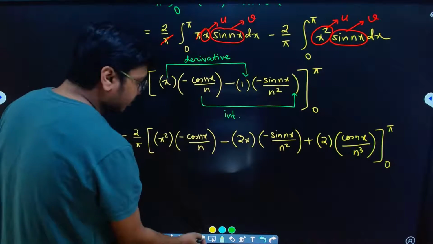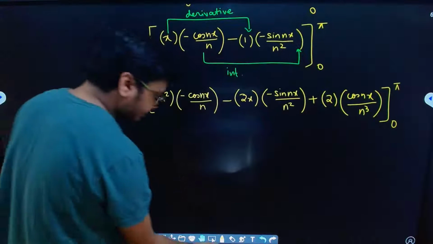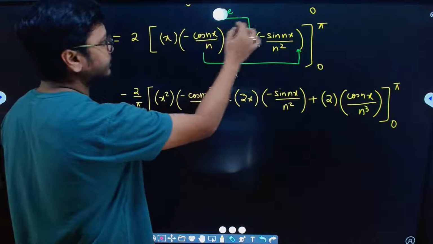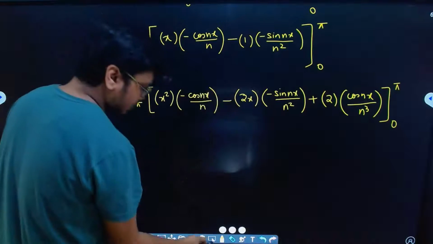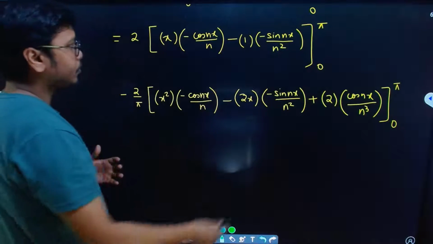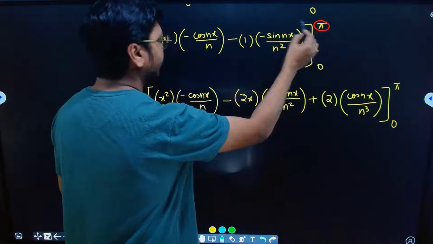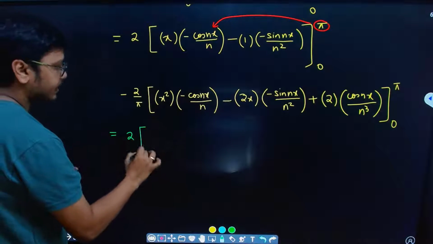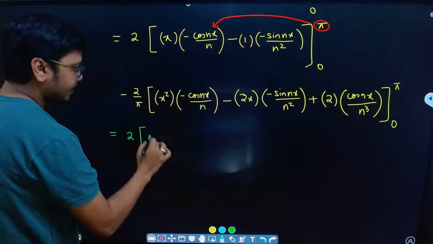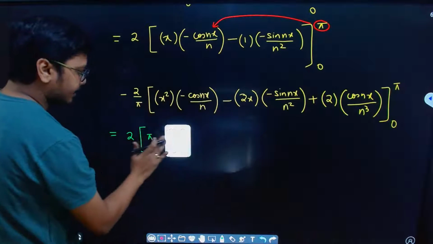Now I need to put all the limits, which I'll erase off the unnecessary part. If I put pi in place of the first function, I will have pi. I'll take the minus.